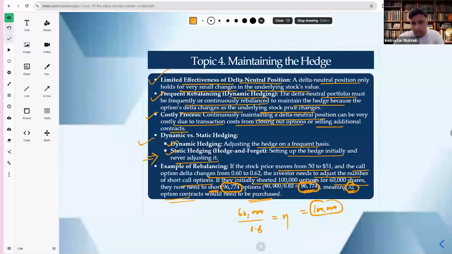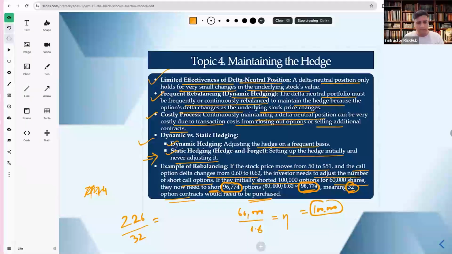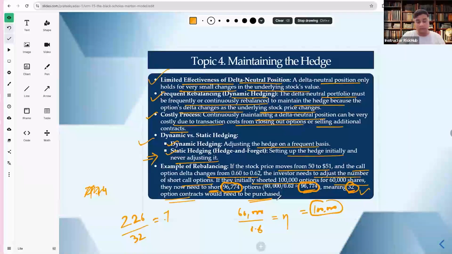Do we have a lot size here? Just divide 226 by 32, guys. What is 226 by 32? It's 7.06, 7 point something. Why are they taking 32? Where is the 32 number coming from?